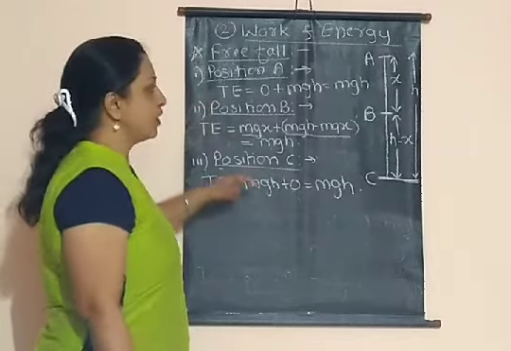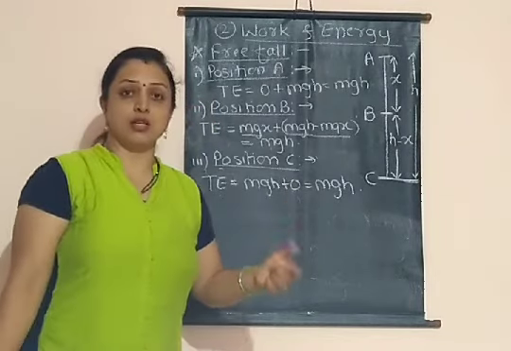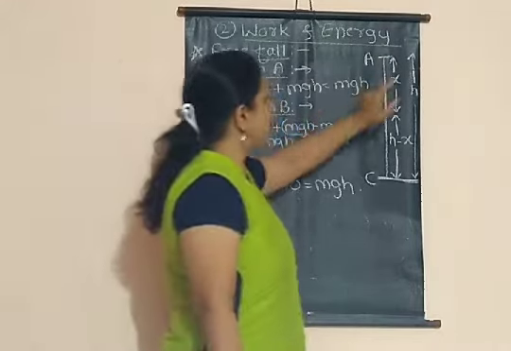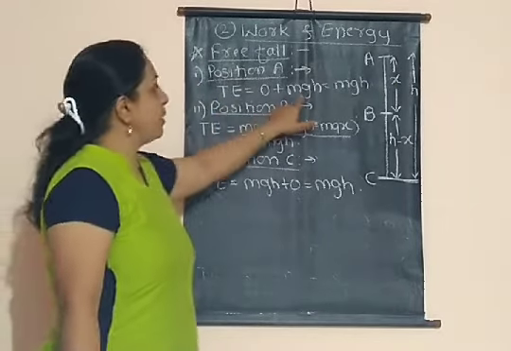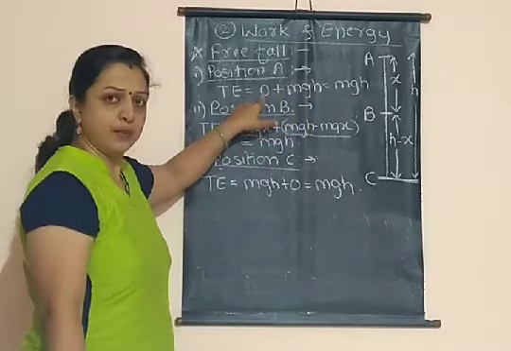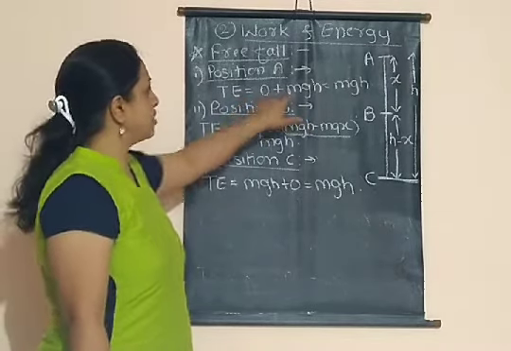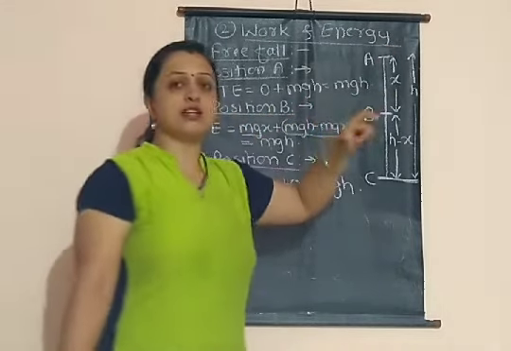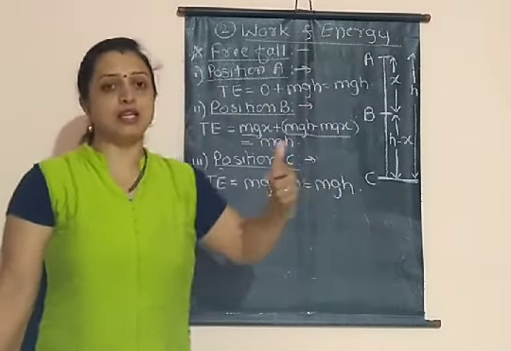From all these three equations, you can conclude that the total energy of the object at any position remains constant. When the object is at height h, the total energy is purely potential. Got it? Because the kinetic is 0 at position A, the total energy is purely potential. So the object has potential energy when it is at a particular height h.